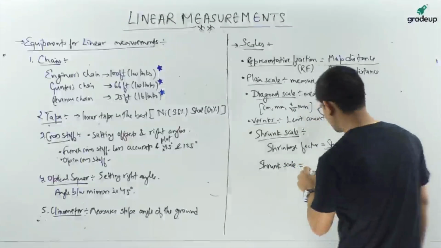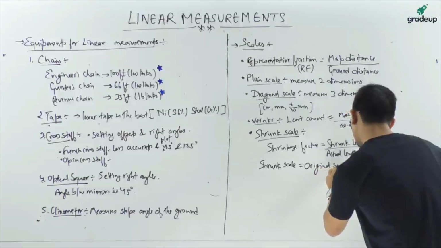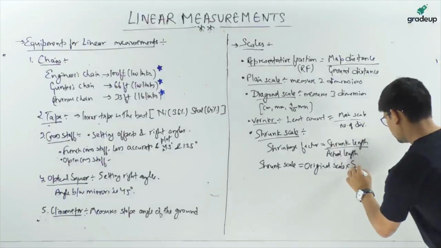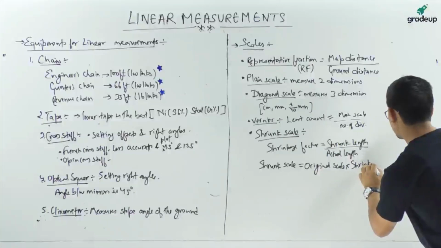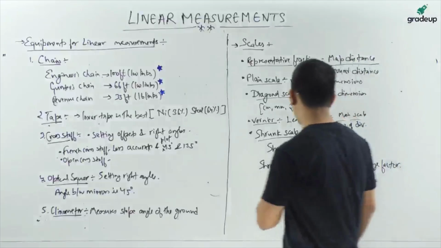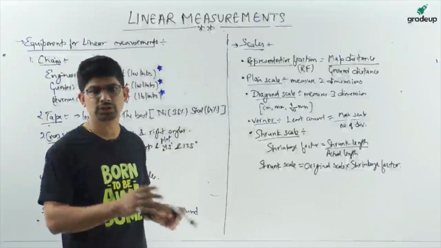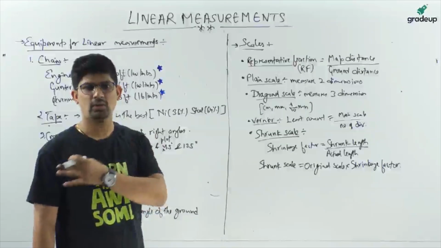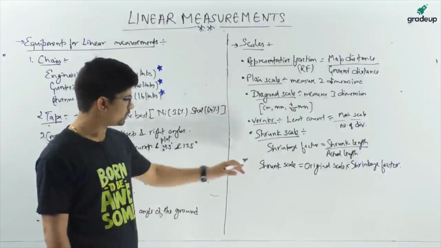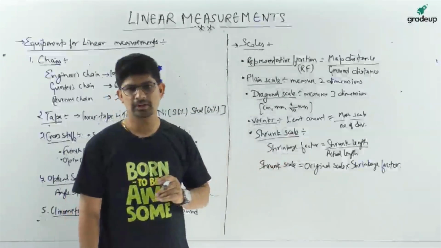So shrunk scale is original scale into shrinkage factor. Okay, so this is now the correct scale. If after 20 to 30 years you are estimating the ground distance from the map distance, then the original scale which was there has become inaccurate.